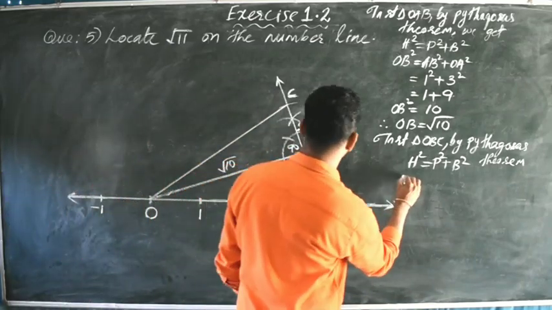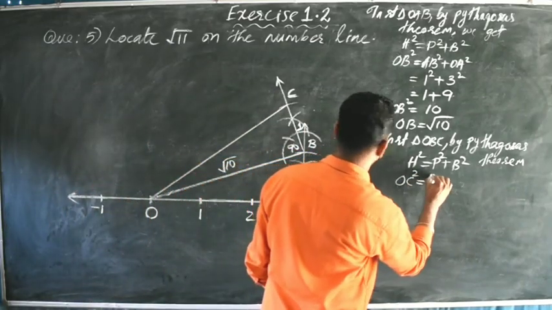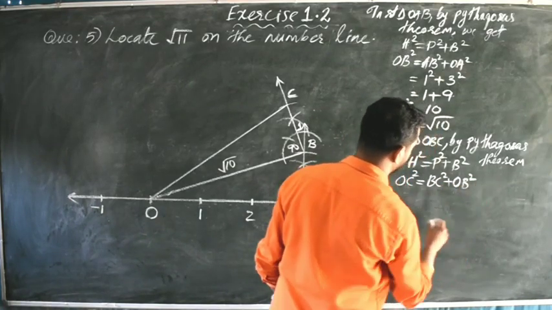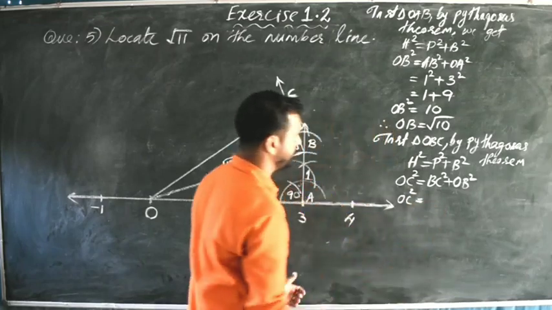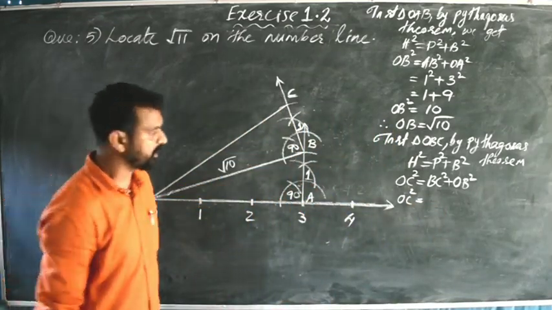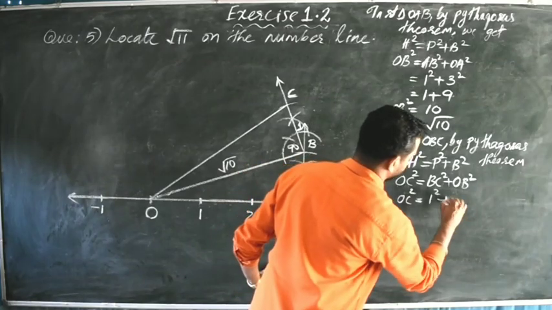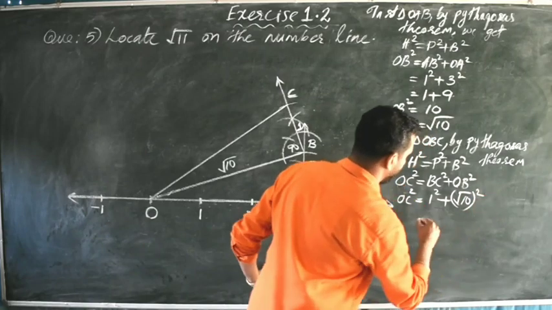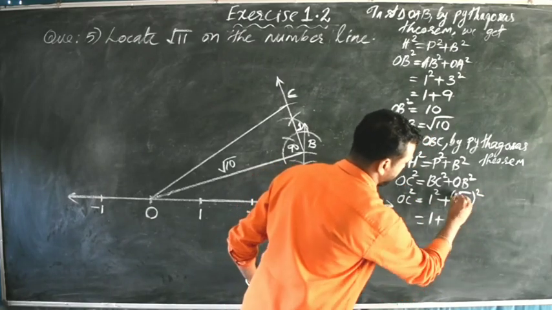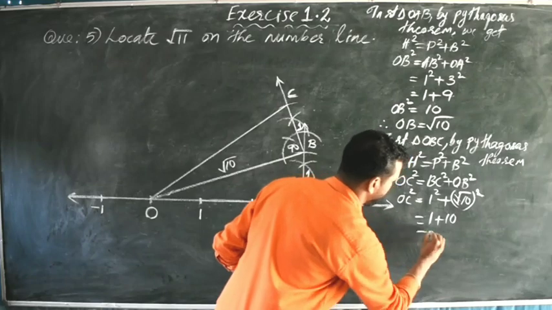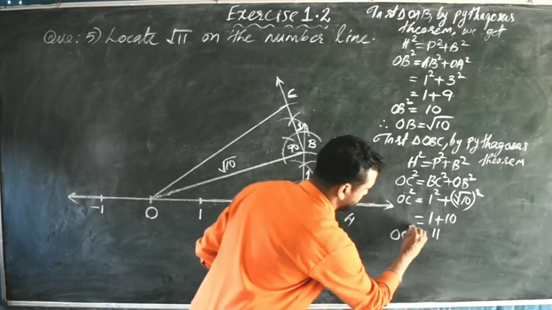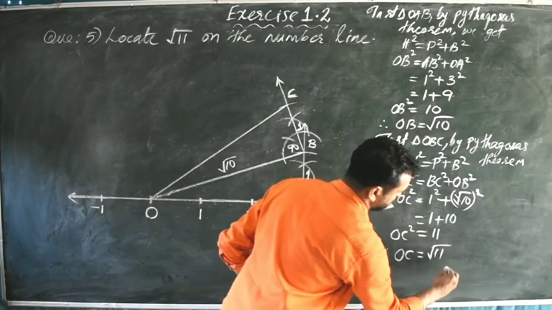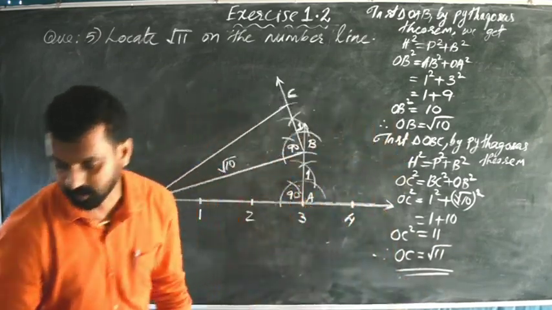So OC square is equal to BC square plus OB square. What is the length of BC? We made it 1 unit. So 1 square plus OB, we got here root 10, that is root 10 square. That is equal to 1 plus 10, the square and square root cancel. 1 plus 10 is 11. That is OC square. Therefore OC is equal to root 11.